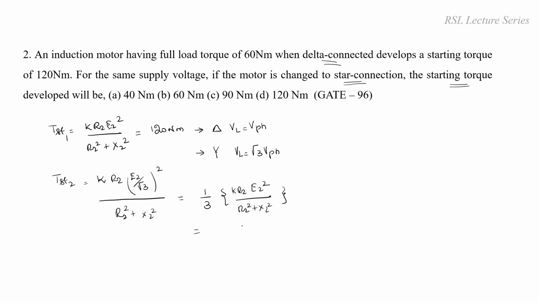This is nothing but the starting torque in the first case, TST1, which is 120. So 120 divided by 3 is equal to 40 Newton meter. When the connection is changed to star, the starting torque reduces to 40 Newton meter. So the answer is 40.